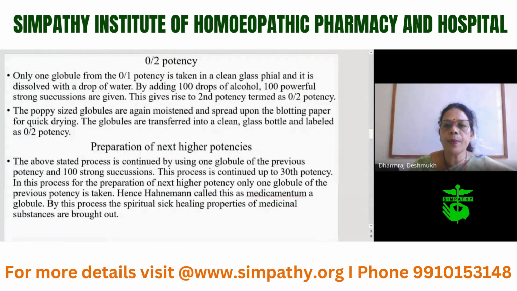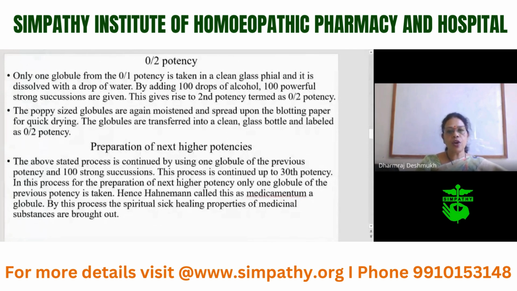To prepare it, take one single globule from 0/1 potency in another clean phial, add a standard drop of water to it and dissolve it. Then add 100 drops of alcohol and give 100 downward succussions, which will prepare the 0/2 potency. Like this, we can prepare different potencies.